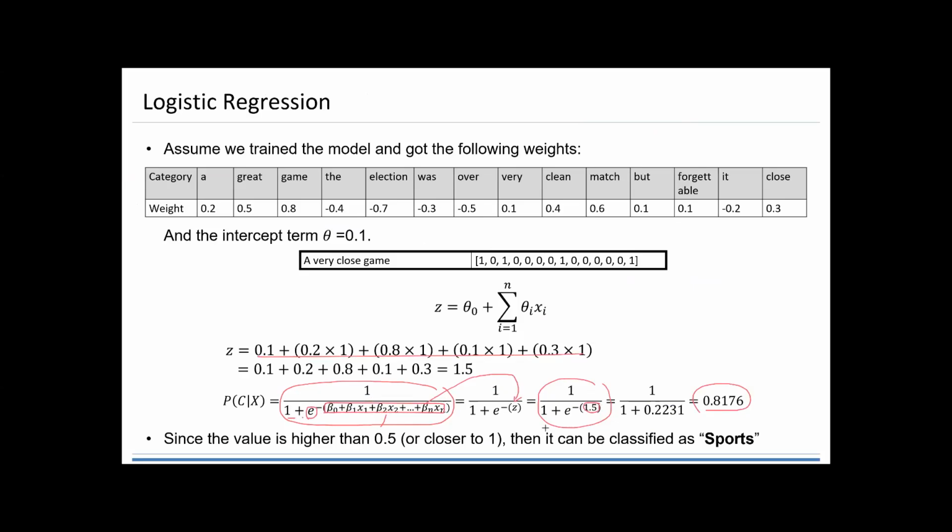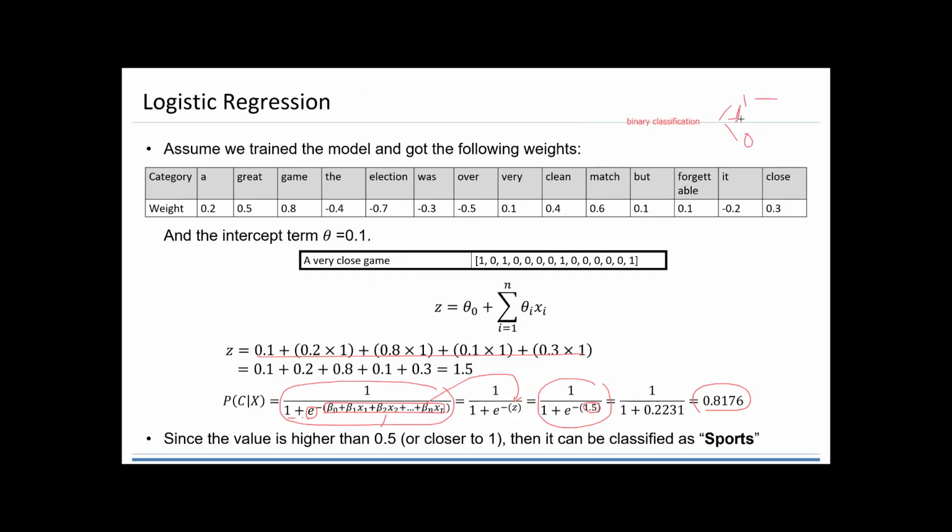Now, as I mentioned to you, this is good for binary classification. What is binary classification? In binary classification, we have only 2 classes. And based on the probability, we usually have only 1 and 0. So if the probability is nearby 1, then it belongs to class 1.